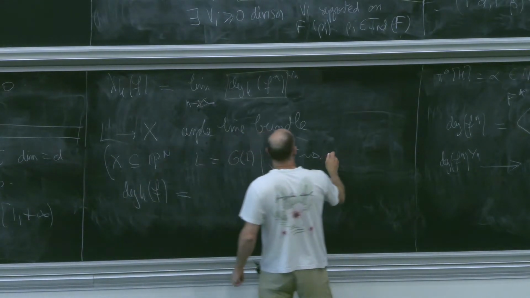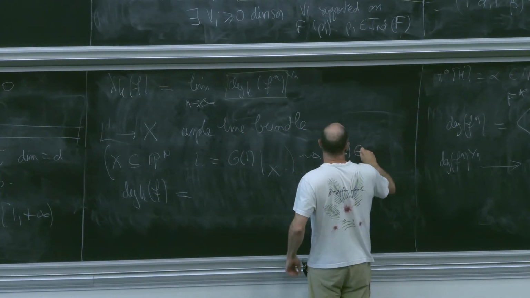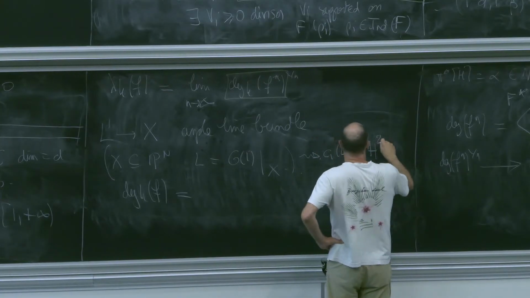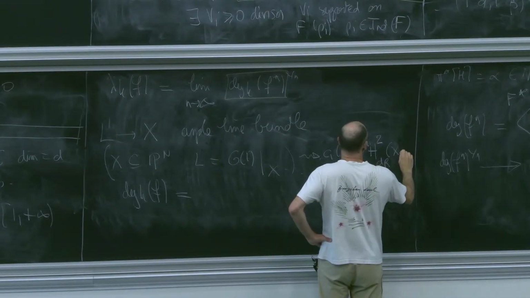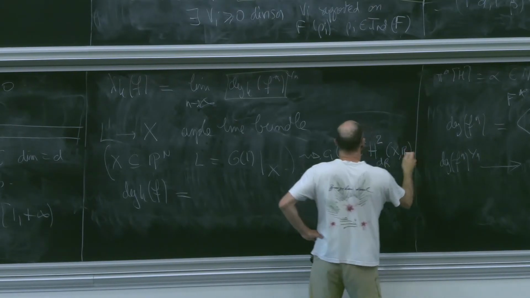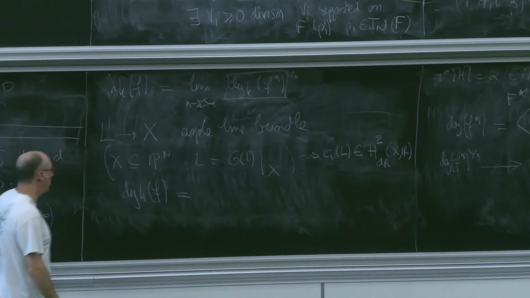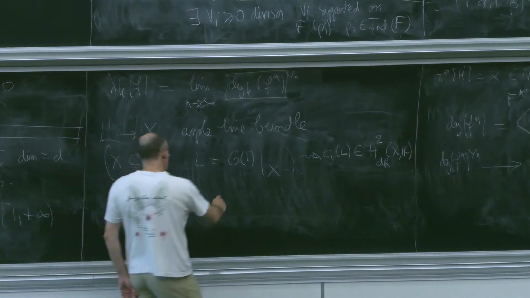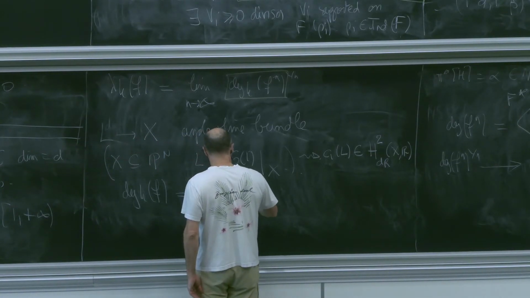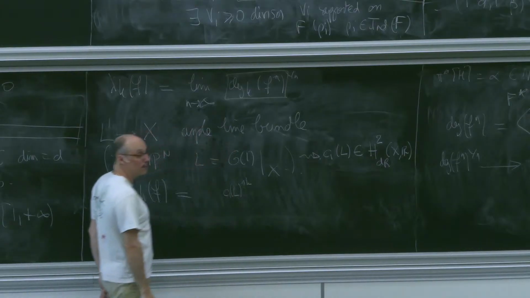So if I have a line bundle, I can look at its first Chern class, which is an element in the de Rham cohomology of X with real coefficients. Here, you look at the first Chern class and cup it k times with itself.